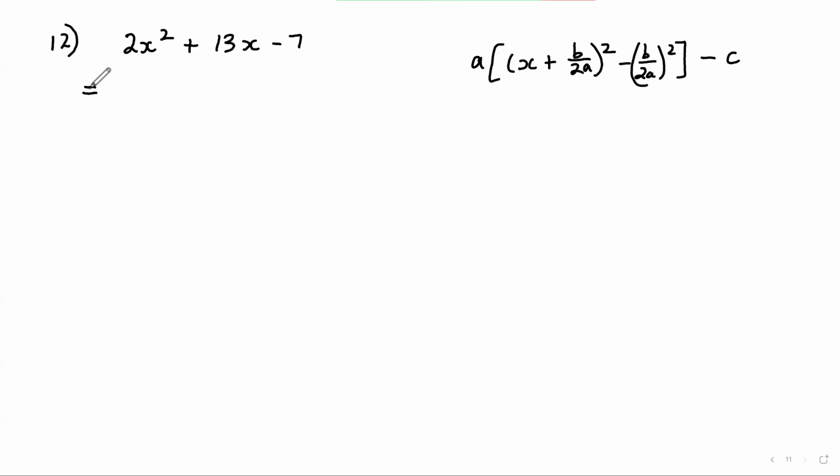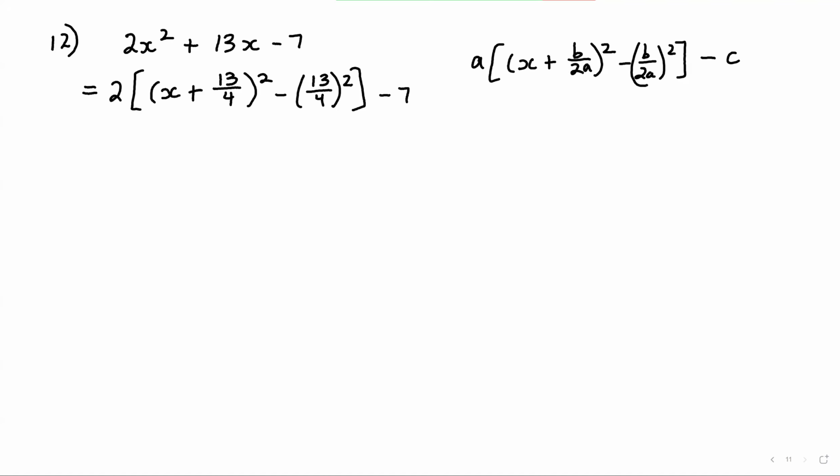So it'll be 2, then open bracket, x plus 13 over 4, all to be squared, minus 13 over 4, all to be squared, close bracket, minus 7.